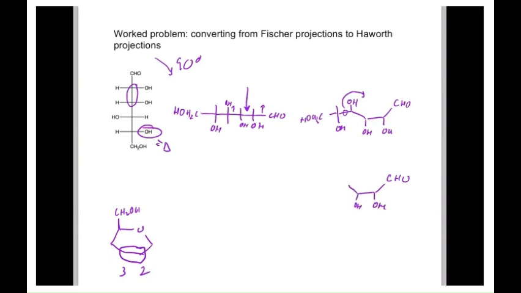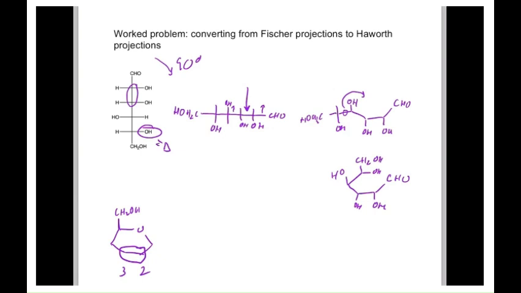So here's carbon 4, and carbon 4 has its hydroxyl pointing up, and then there's carbon 5, and there's the hydroxyl on carbon 5, and then there's carbon 6.